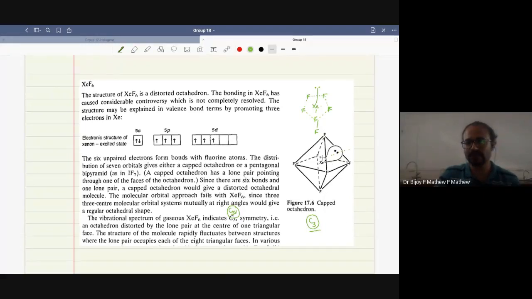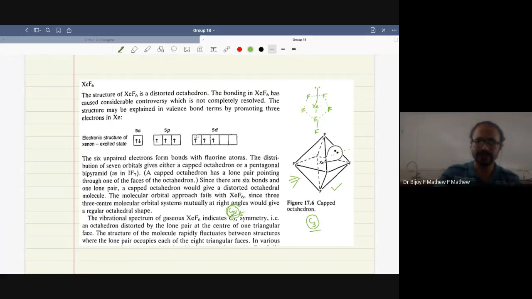At the same time, you have vertical mirror planes passing through each of the fluorines and the opposite side. So a C3v point group is possible, and it is only possible if XeF6 has this particular capped octahedron shape. That is why it was concluded that the more appropriate structure of XeF6 is the capped octahedron, because of the presence of the C3v point group on this molecule.